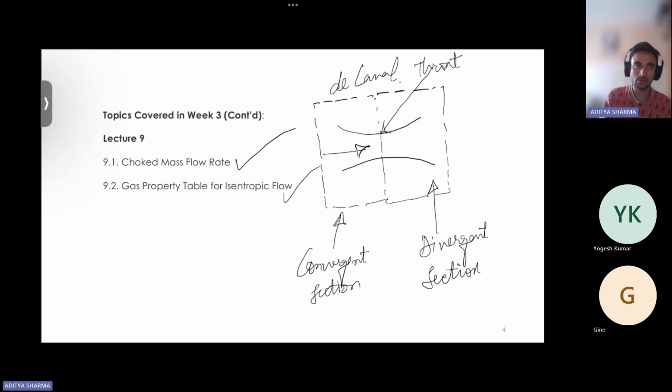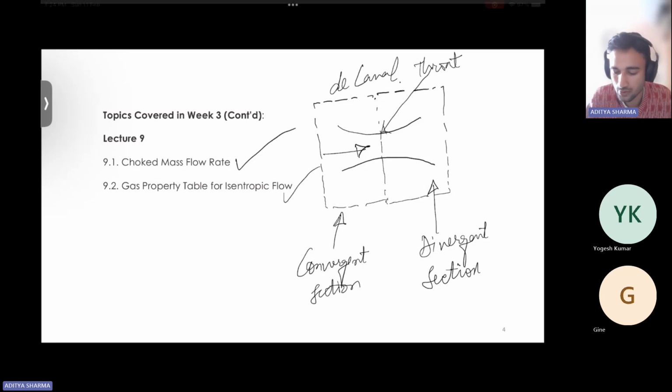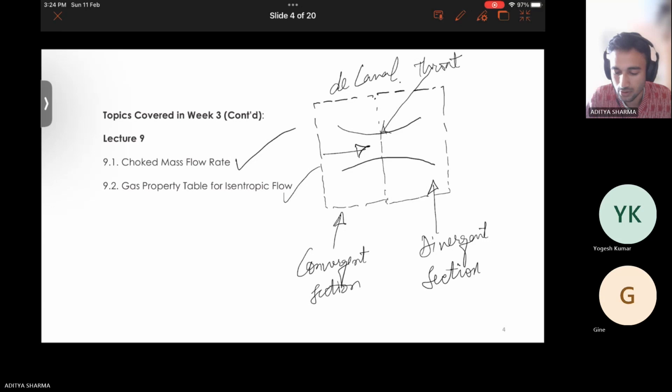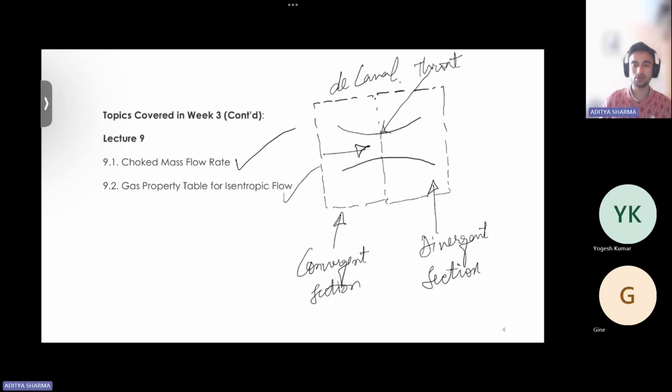It gives two solutions of Mach: one solution is subsonic and the other solution is supersonic. So these were the topics which were discussed in the lectures of week 3.